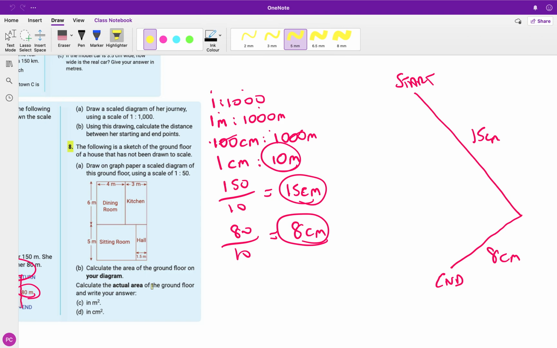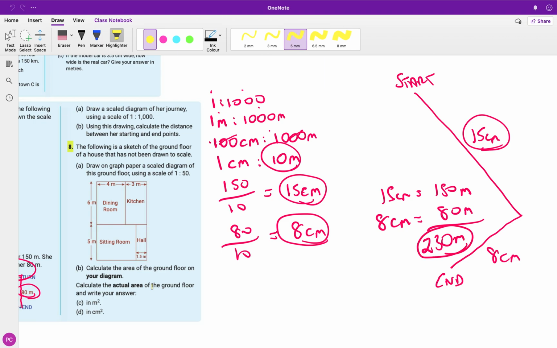So basically 15 centimetres in the diagram is going to be 150 metres, and 8 centimetres is going to be 80 metres. The question asks, calculate the distance between our start and end points. Well, it's going to be 150 and 80, which is 230 metres. So that's the real distance. The scale distance is going to be 15 plus 8, which is 23 centimetres. Like so.